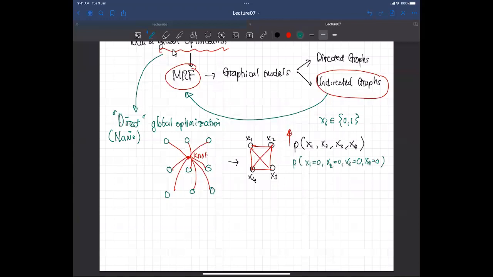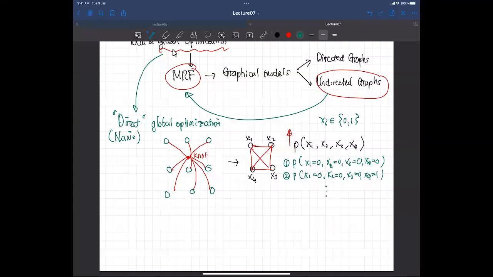So we need to know this. Aside from this, we also need to know number two: x1 equal to 0, x2 equal to 0, x3 equal to 0, x4 equal to 1. This is another possibility.